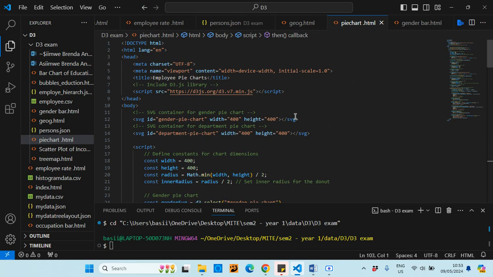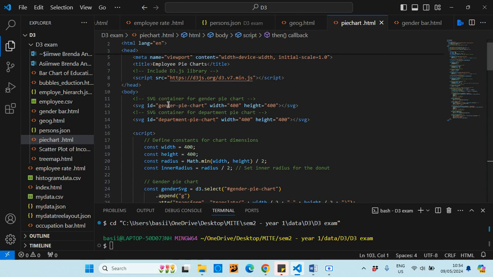We have one for gender and one for department, to see the different occupations, the different job titles within it. So we start with our HTML code and all of that, having the D3 library.